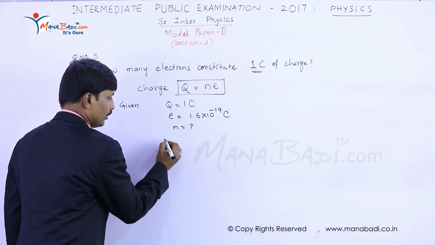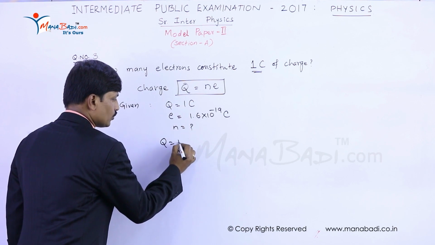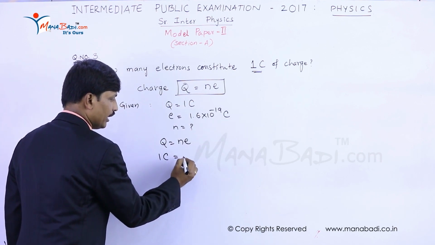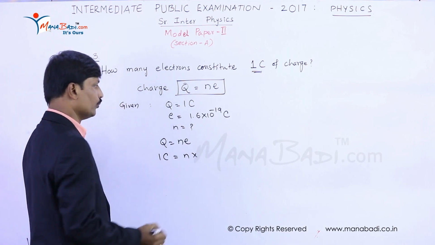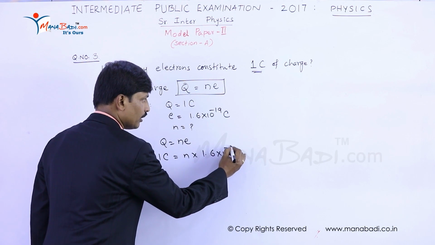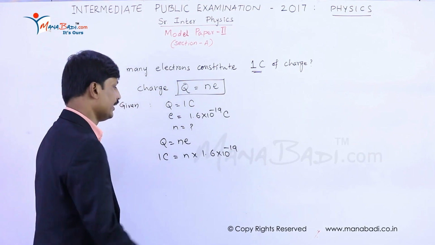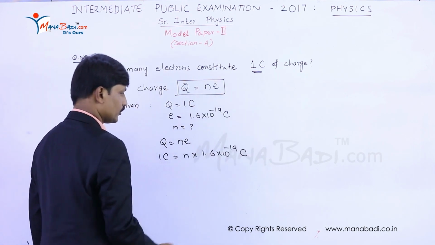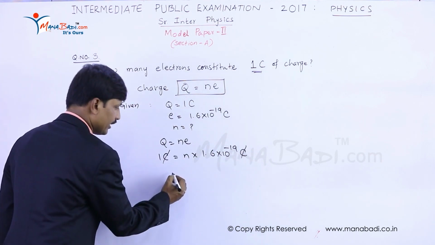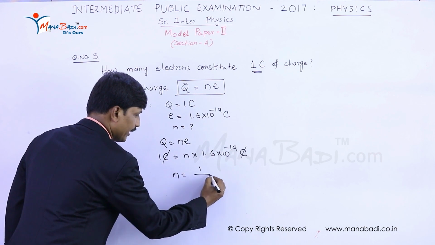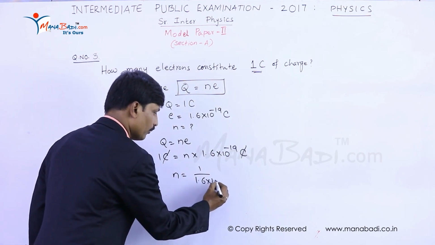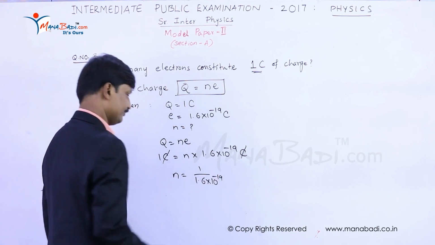Therefore, Q equals Ne. Q means 1 coulomb, N that we have to calculate, into e means 1.6 into 10 power minus 19 coulombs. So on either side coulomb cancels out, and we get N equals 1 by 1.6 into 10 power minus 19.